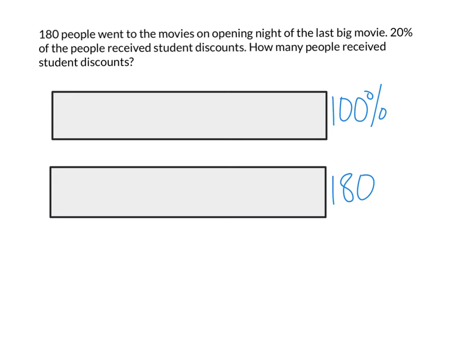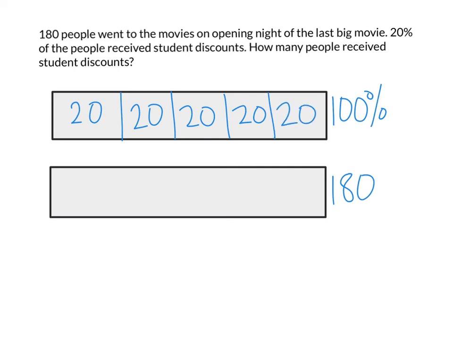Now, if you remember from our previous problem, we can break our bar into fifths to represent 20%. 20, 40, 60, 80, 100. So we need to do the same here to the number 180. Break that into groups of 5. So what we need to know is 180 divided by 5 is equal to 36.